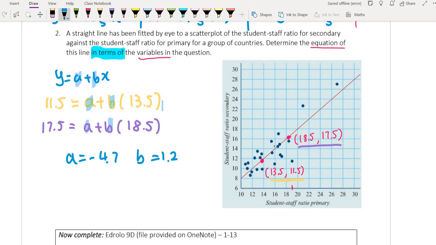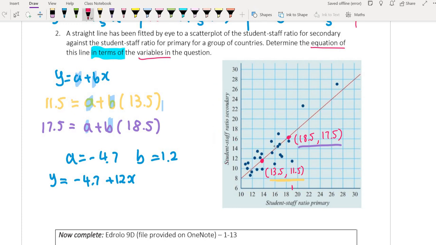And our final step, actually second final step, would be writing our equation in terms of x and y. And our real final step would be writing it in terms of the variables. Oh, that's a long thing to write.